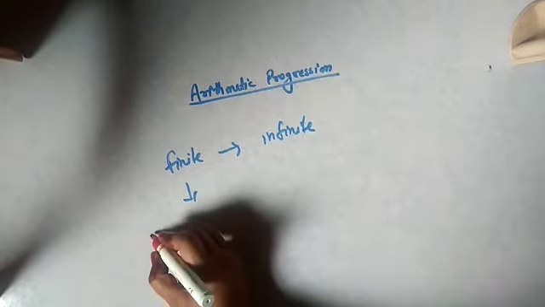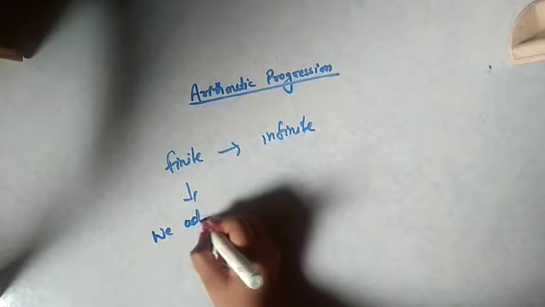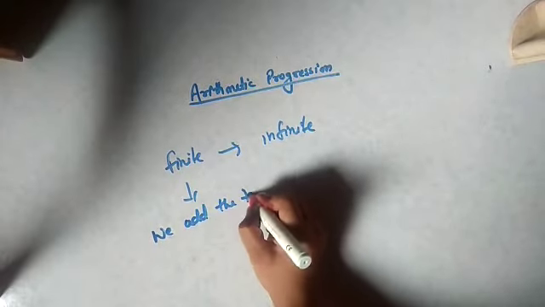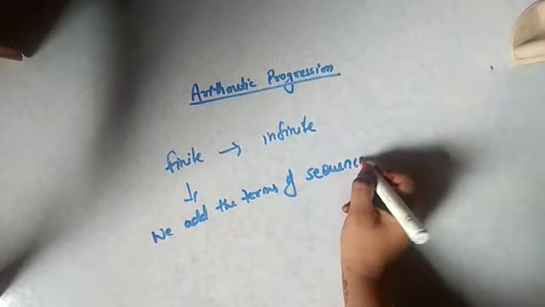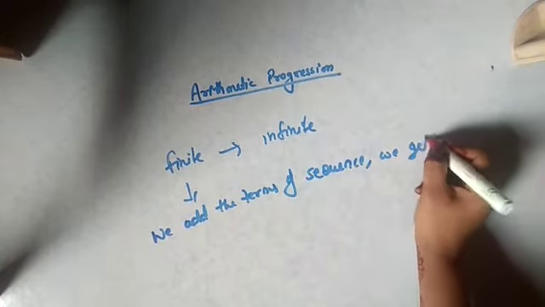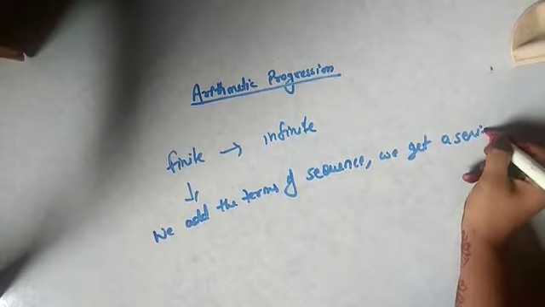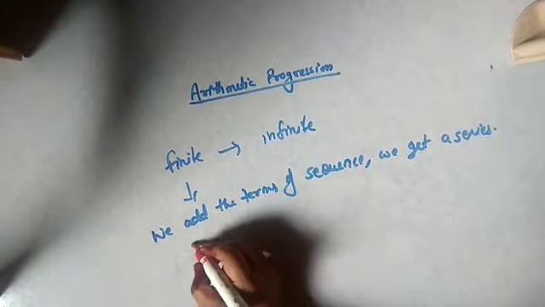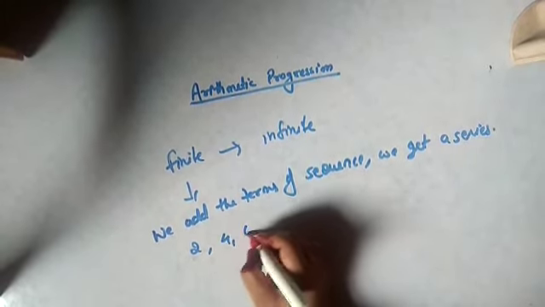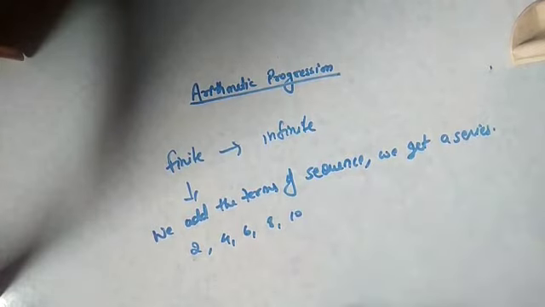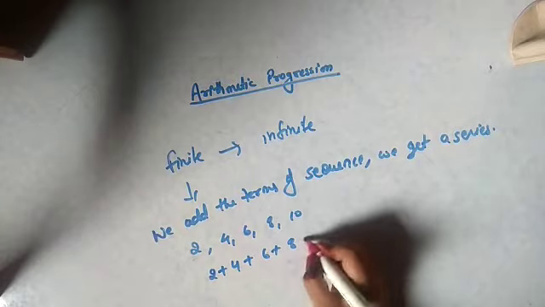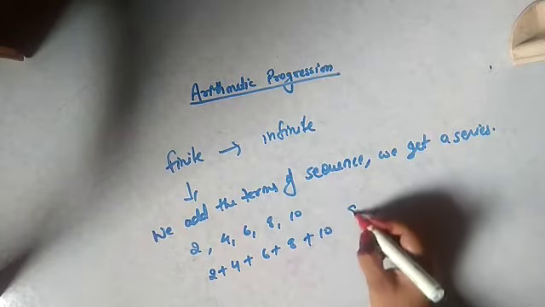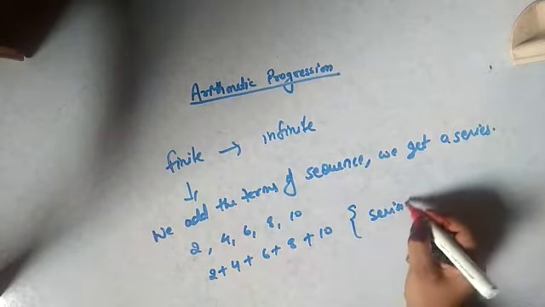Now when we add the terms of a sequence, we get a series. Suppose I have a sequence 2, 4, 6, 8, 10, and if I add all these terms 2 plus 4 plus 6 plus 8 plus 10, then it is a series.